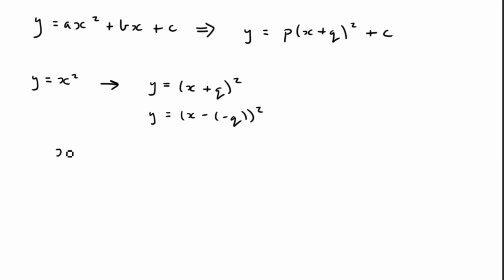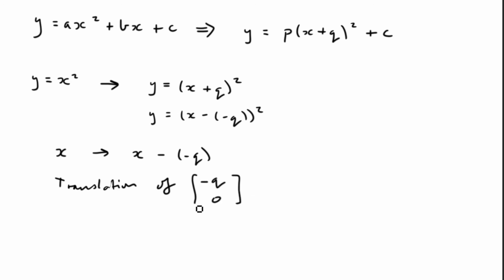We have replaced x by x subtract negative q. Now our transformation rules tell us that what we have done is a translation of negative q, 0. Okay, well, we haven't got to our final destination curve yet. We've only got as far as x plus q all squared.